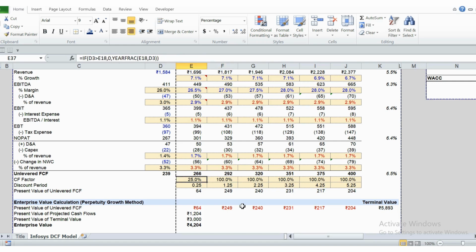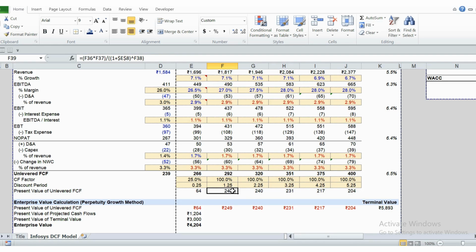As the deal is closed in September 2024, I will be considering 25% of this cash flow, and my discount rate period will have a year factor of 0.25. Now, as we close the deal in September, for the complete cash flows of the next year, I want to discount that cash flow by the period year which is 1.25.